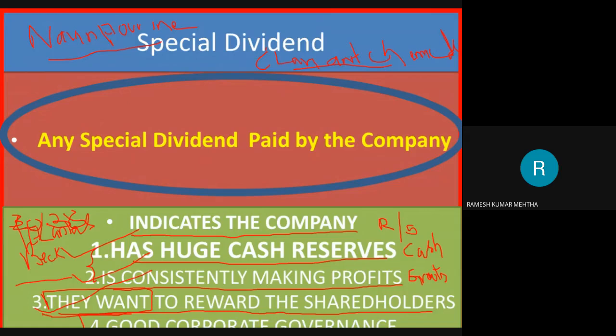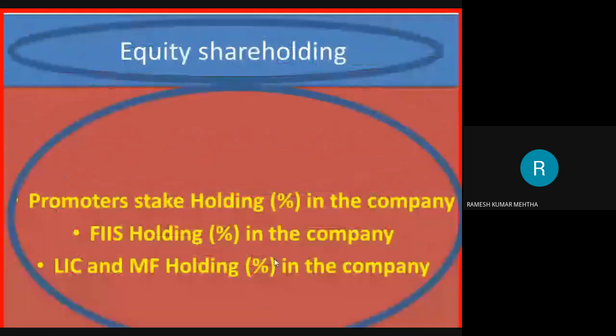And this finally indicates that the company is a very good corporate governance company. A company can be a very good company, but if they don't declare dividend or don't report earnings appropriately, they are not good corporate governance. But in this situation, the company is considered very good, a well-wisher of its shareholders, and maintaining corporate ethics and culture.